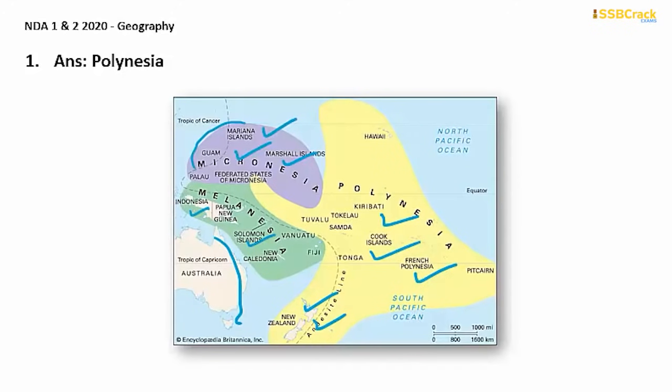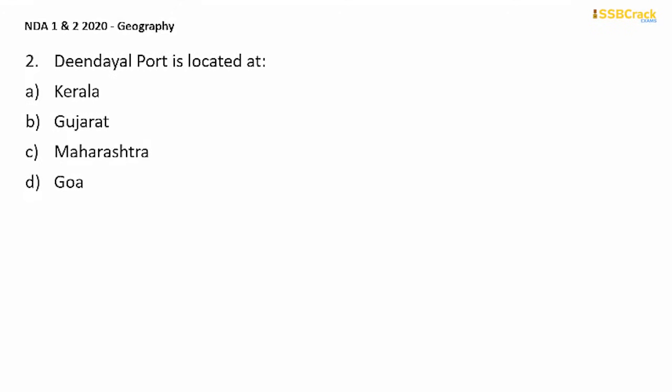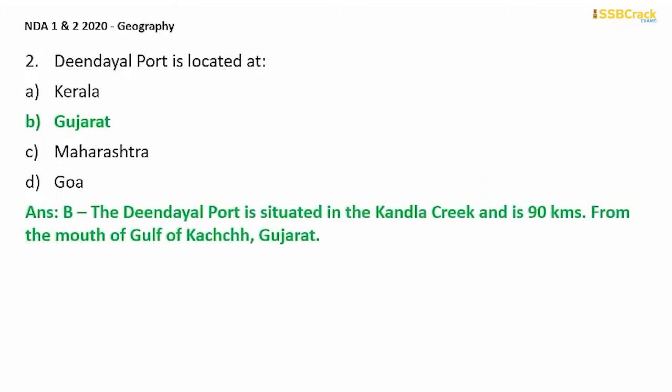Moving on to our next question. Deen Dayal Port is located at, and your options are Kerala, Gujarat, Maharashtra, and Goa. Now, this is again a question from the mapping of locations. This can be categorized into two different categories. The first is the mapping of India.